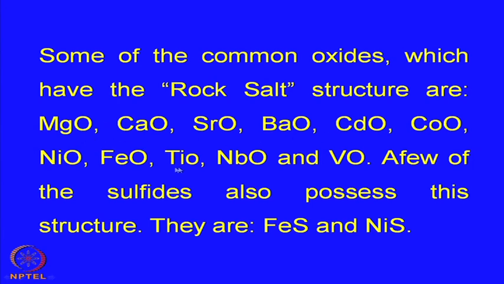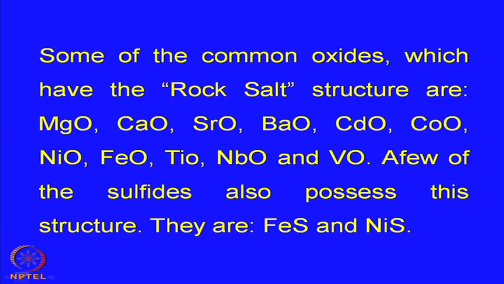In all these cases, oxygen forms a close packed cubic or FCC structure, face centered cubic, close packed cubic and face centered being equivalent. The magnesium or metal ion goes to the octahedral interstitial sites, and the atomic ratio remains 1:1, since the number of octahedral sites and the number of atoms are 1:1 in this structure. So, this is the description of the sodium chloride structure, and it is a very important structure so far as the oxides are concerned.